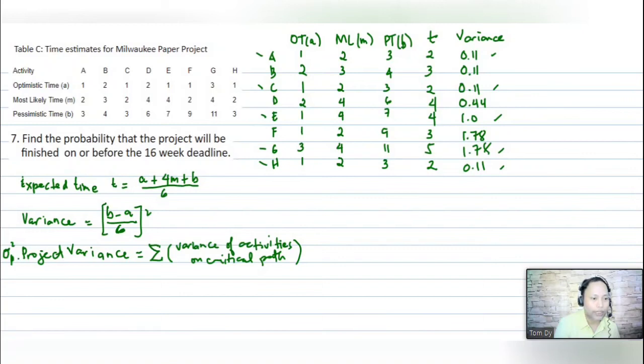Project variance. Our project variance is equivalent to the sum of the variance of activities on the critical path.